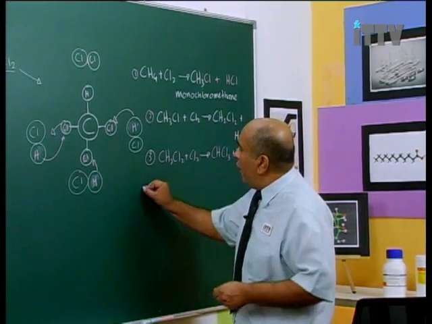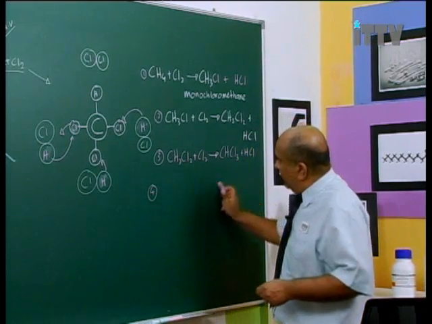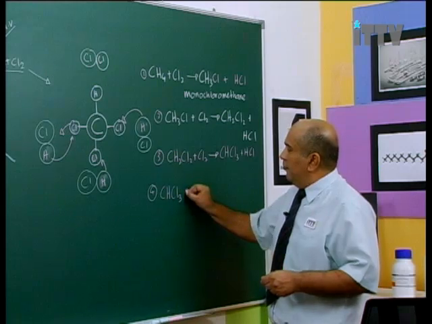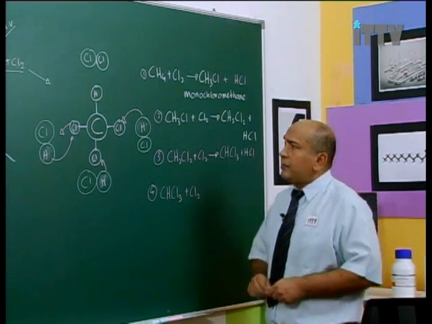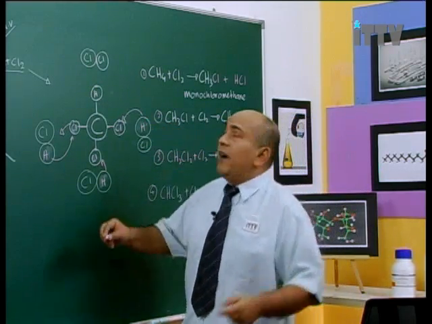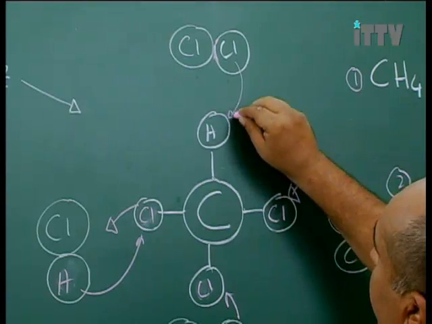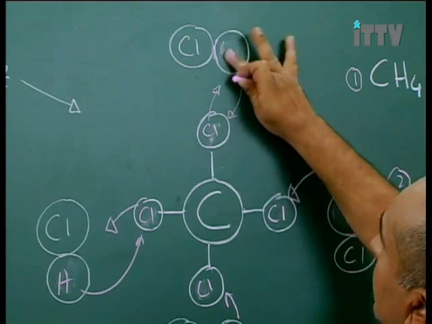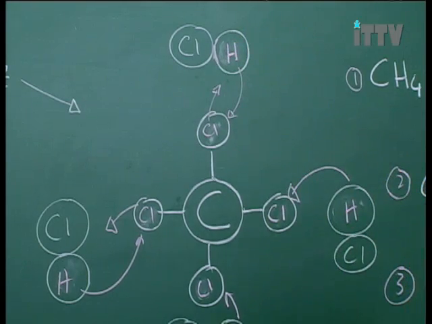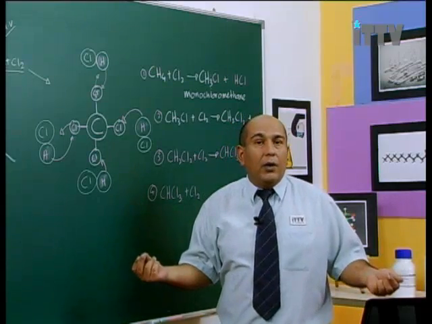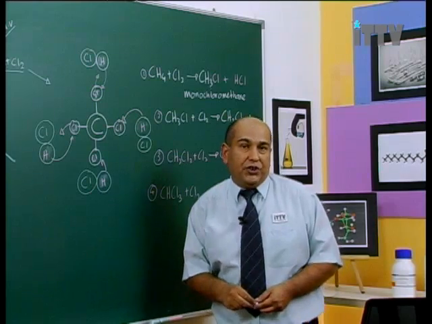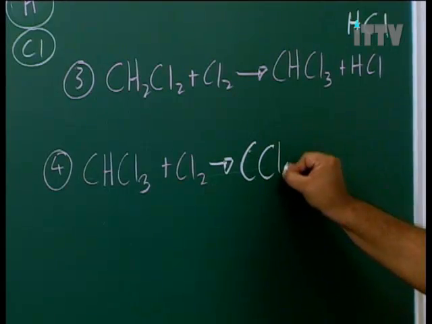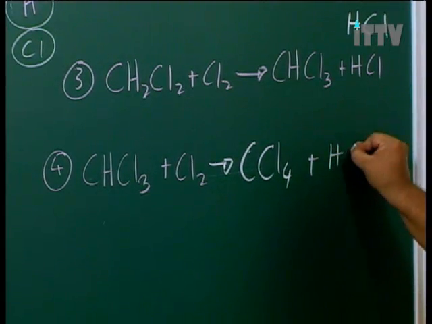Then we go to the fourth reaction, where we're using the trichloromethane plus Cl2. We get the final substitution. This chlorine comes in, hydrogen out. This becomes chlorine. This becomes hydrogen. And we've got our completed substitution reaction. My final product is going to be CCl4 plus HCl.